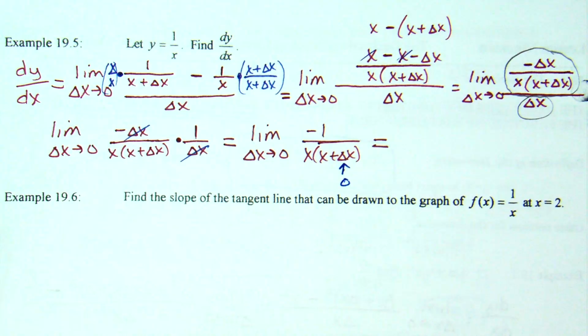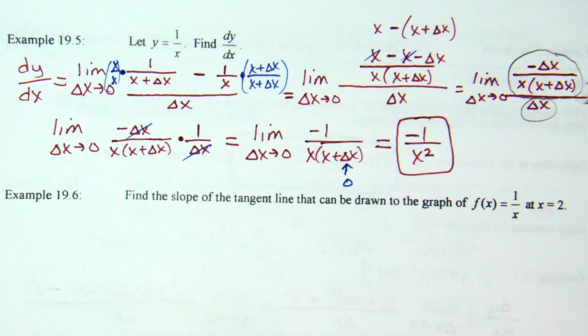Put in 0 for delta x. Since I'm putting that 0 in, I'm taking the limit, so I don't need to write limit. And what does this become? Negative 1 over x squared. So the derivative of 1 over x is negative 1 over x squared.